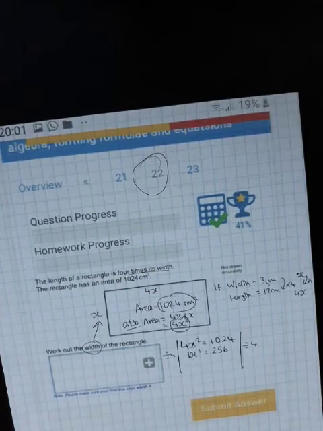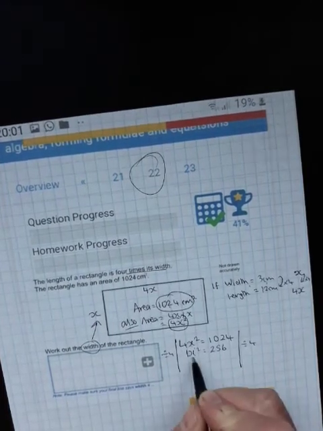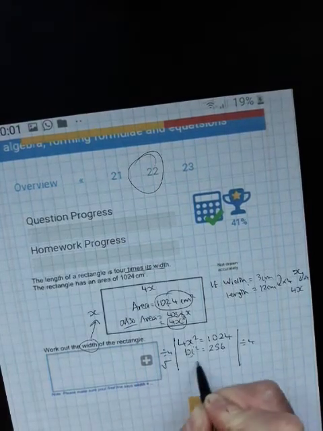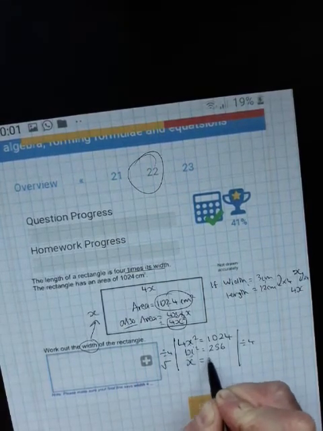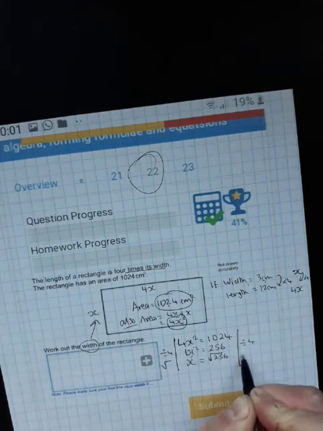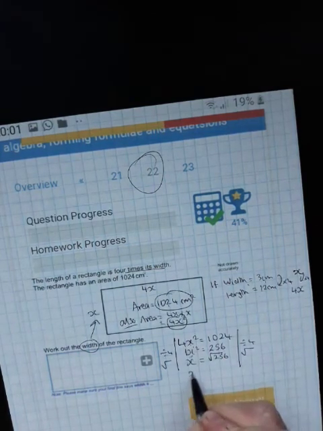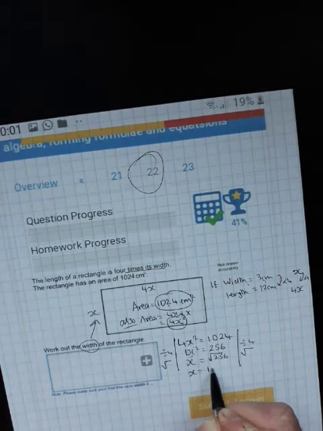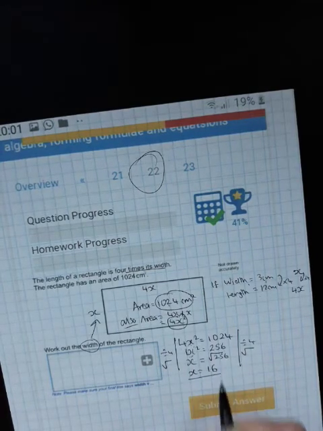Now, you remember back from Pythagoras, if you know that something squared is 256, what's the inverse of x squared? Well, it's square root. So square rooting x squared, I get x, and I square root 256. So x is equal to the square root of 256, which, if I'm not mistaken, is 16.